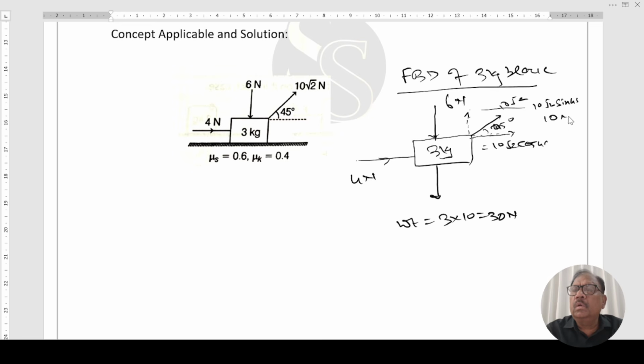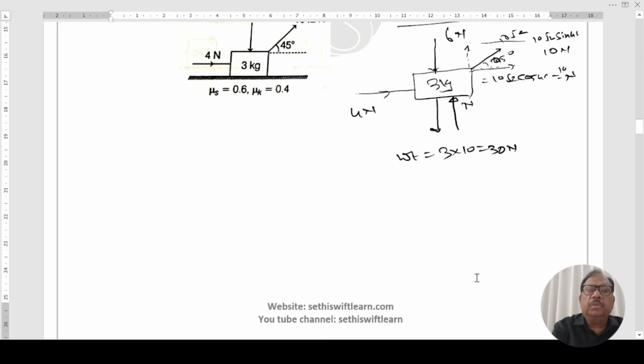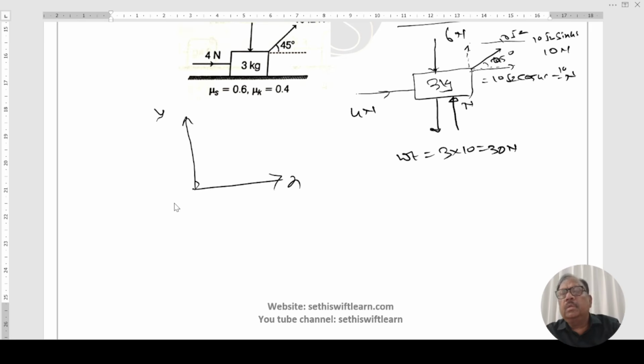That is 10 Newton each. Cos 45 is 1 by root 2, root 2 cancels out. And what will be the contact force? That is normal. This is x-axis, this is y-axis.